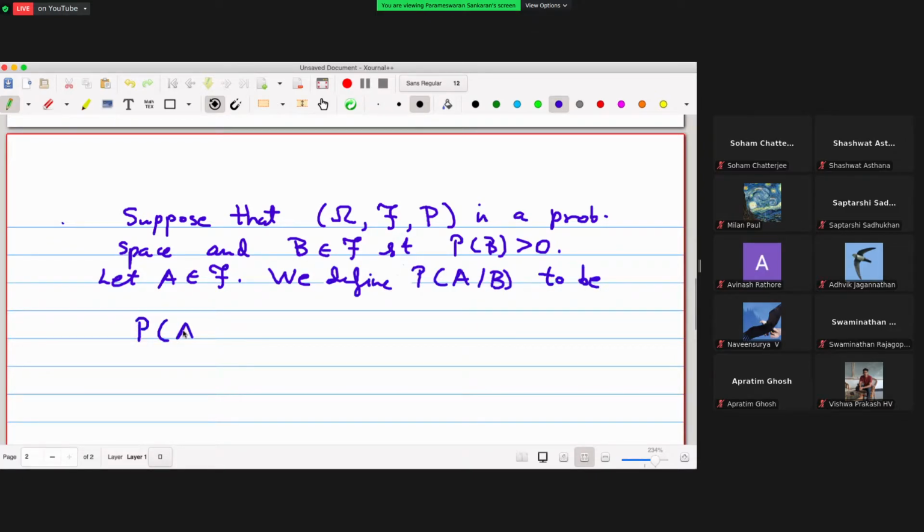the probability of A given B, A conditional on B, whichever way.